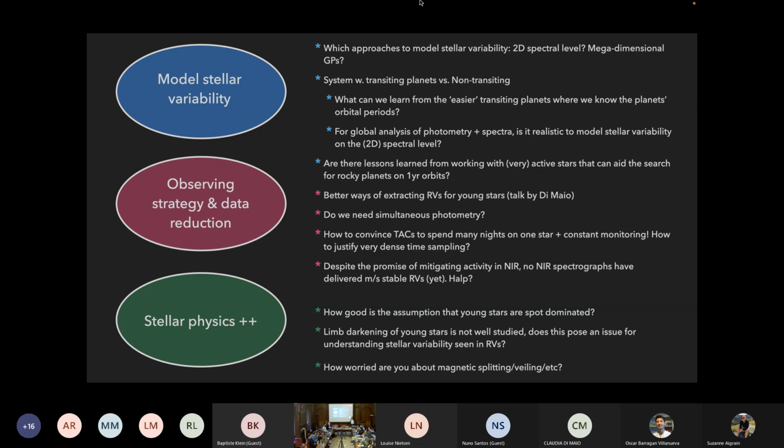This is vulnerable to the criticism that you are generating observations with a model and then typically fitting them with the same model, right? That's feedback that we have sometimes got. But the other one is that typically what you find out is you need way more than you think you do. Yeah. And so you end up asking for huge amounts of time, and then the TAC are like, well, that's really risky.